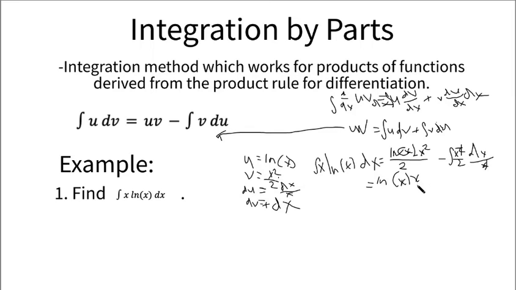times x squared over 2, minus the integral of x over 2 dx. The integral of x over 2 dx is x squared over 4, because we can bring the 1/2 out front.